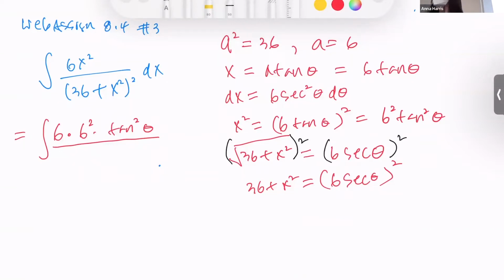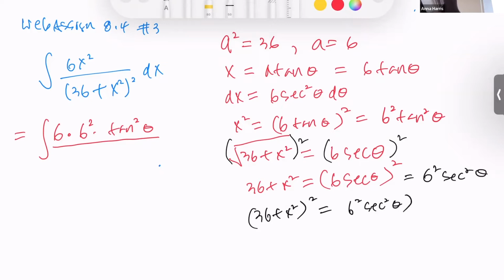Which gives you the same as 6 squared and secant squared theta. Are you with me now? Okay, but now what you have is not just the 36 plus x squared, but what do you have? To the square one. So what is the 36 plus x squared to the square mean? Means 6 squared, secant squared to the what? Square. So that gives me how many 6's you're going to have? 6 to the 4, secant to the 4 theta. Right? 2 plus 2 gives you 4.